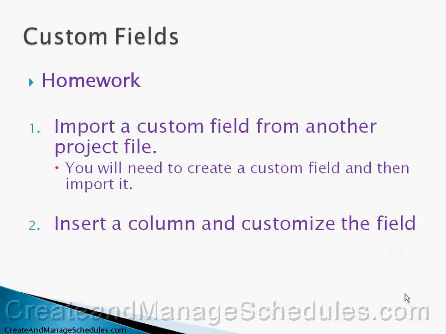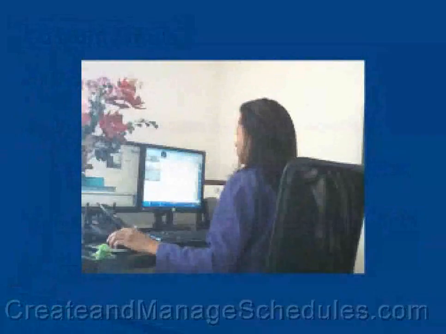Try that approach. Simply go into your project schedule, insert a column, and customize the field. You can use one of the formulas from our previous lesson or create your own. And then last here, what I'd like you to do is go ahead and insert a custom field. So there you have it.